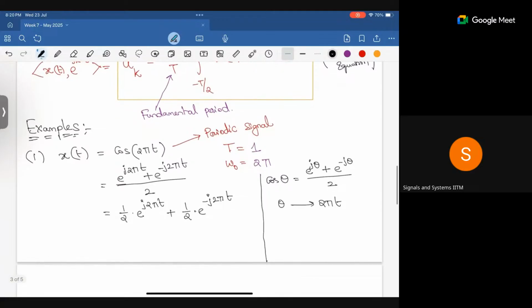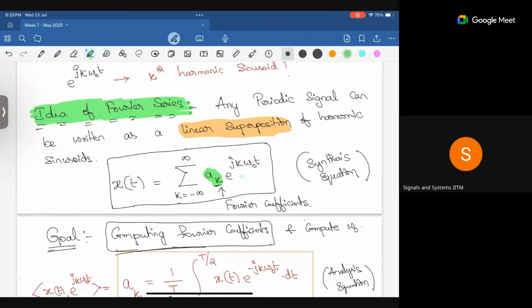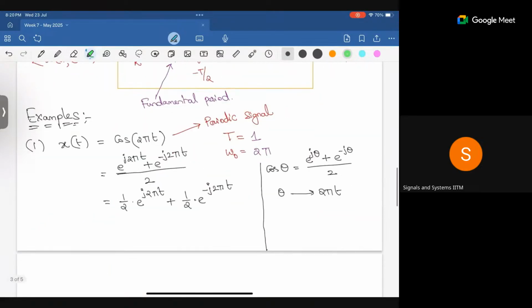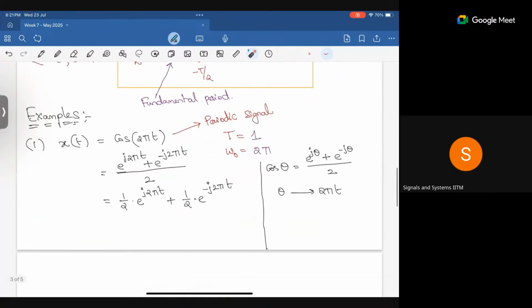Now you just have to compare this with the expression e power j k omega naught t. For finding k, we will separate out j, omega naught and t, and whatever is left will be k in the power. Here we know that omega naught is 2 pi.